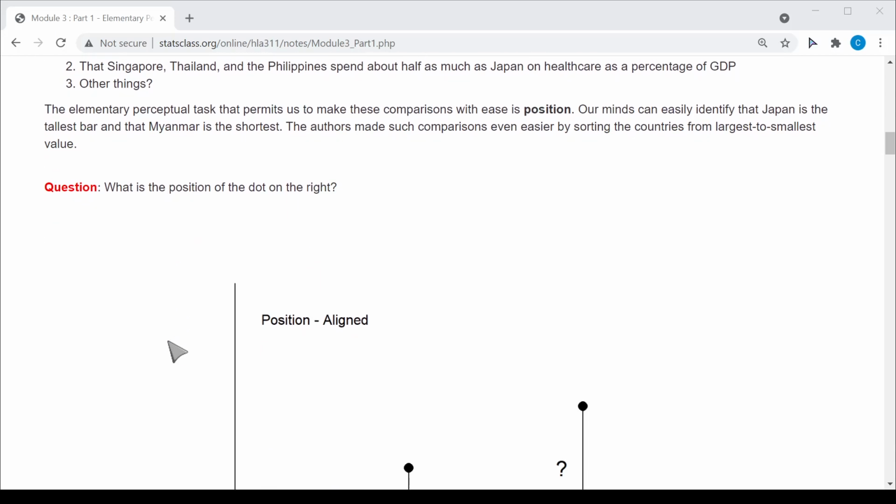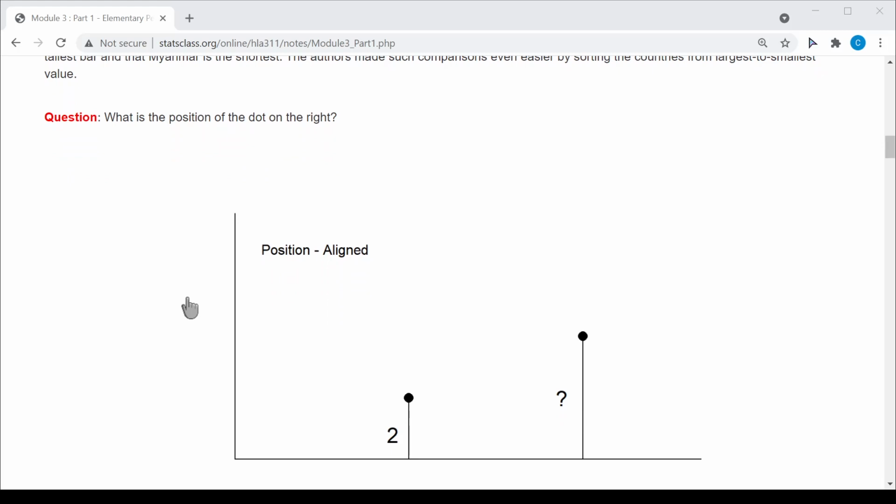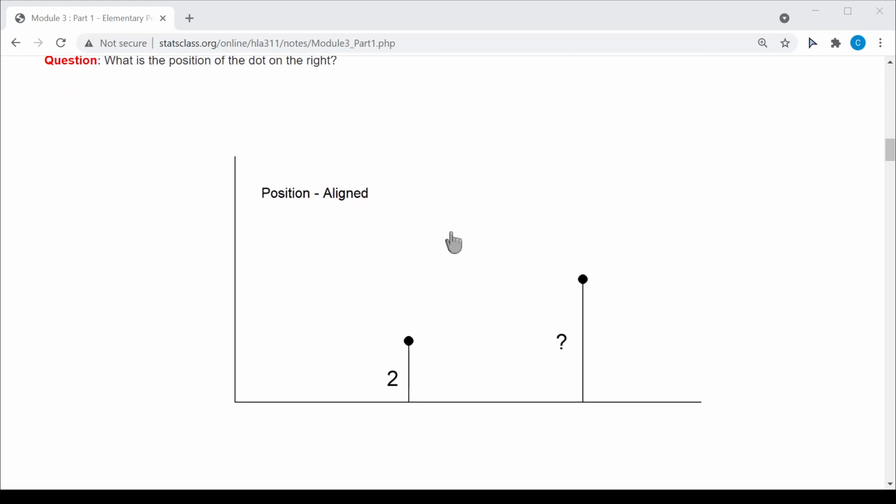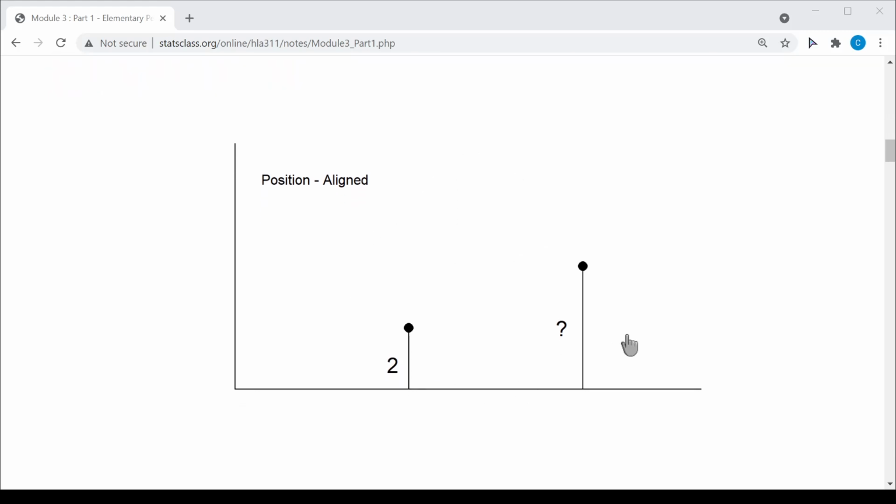So we can do this pretty efficiently. We can determine position on a scale pretty easily. Our brains can do that pretty well. So here I've just made a very simple schematic where this here represents 2, okay?